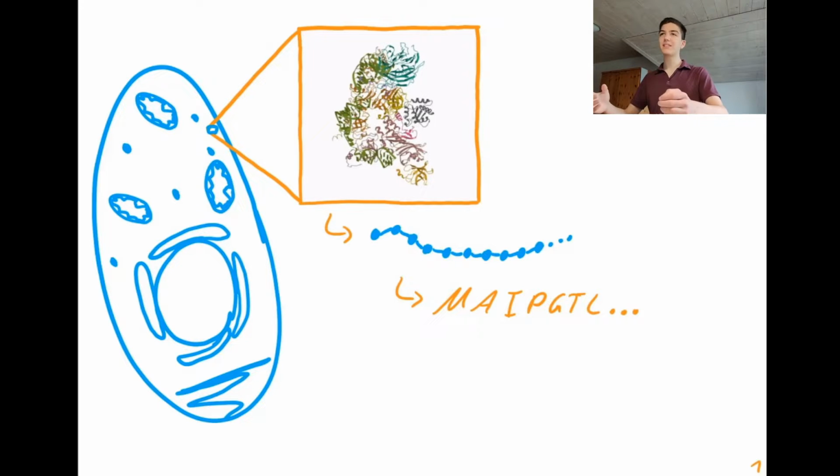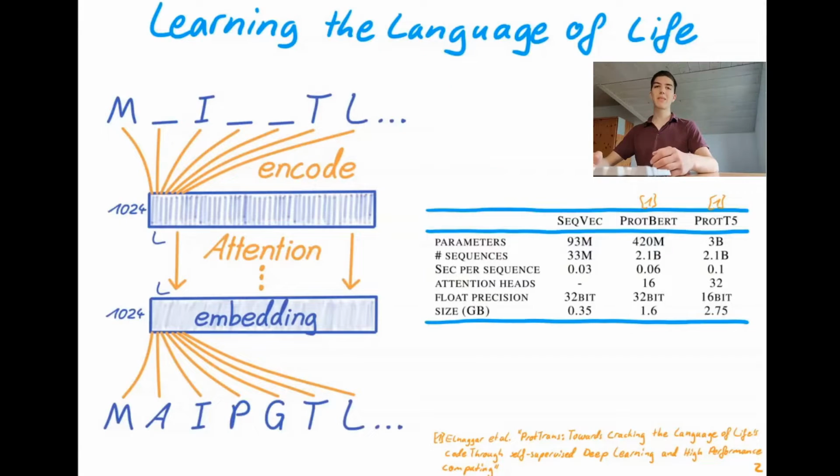Okay, then let us get to our actual method. The first step in our approach, which we can call learning the language of life, is to train a large language model on these protein sequences.